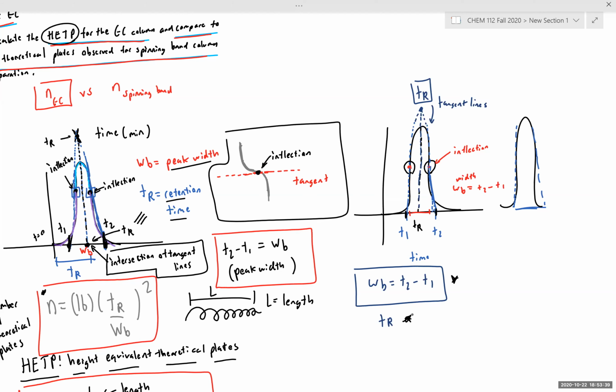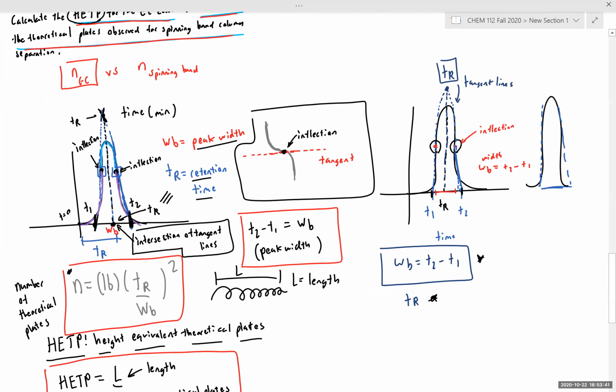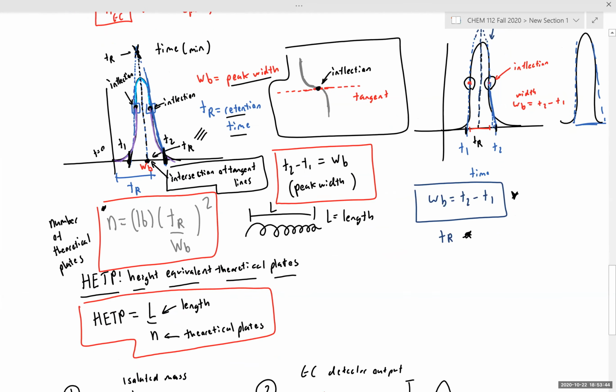Okay, so once we have the peak width and retention time, we can calculate the number of theoretical plates using the following equation. This number of theoretical plates is what you compare to the spinning band column. As always, we can look at the exact height equivalent theoretical plates for the column that we used by taking the length over the number of theoretical plates.